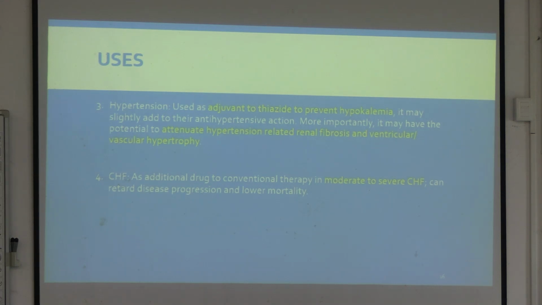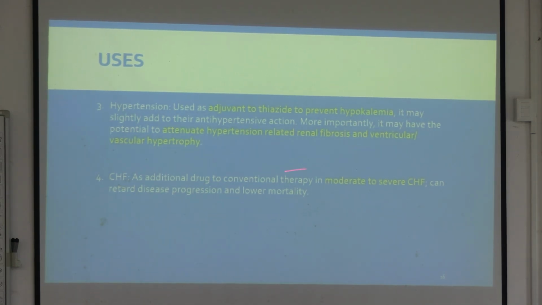Basically, in congestive heart failure, the diuretic of choice is spironolactone or the aldosterone antagonist, because they are linked with improved survival. So, as an additional drug to conventional therapy in moderate to severe CHF, it can retard disease progression and lower mortality. Other diuretics do not improve mortality in congestive heart failure. It is the aldosterone antagonist that is showing improved mortality.